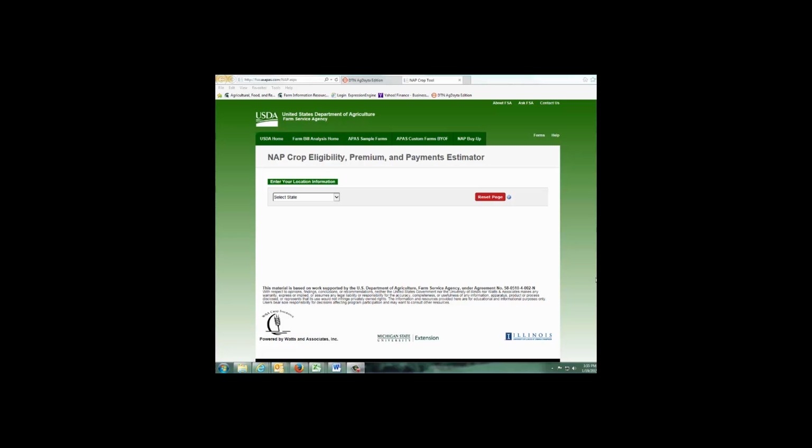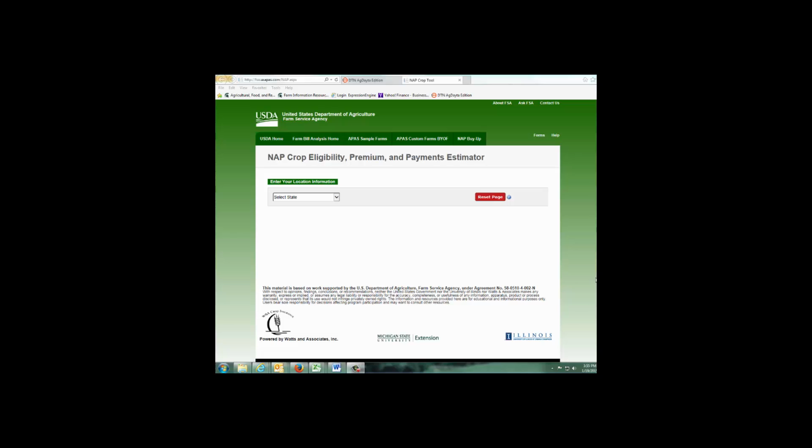No crop insurance facilitated by RMA. That's the one that's pretty clear. Then there's a couple others. Risk management crop insurance is available, but that does not have basic, what has been called in the past, CAT coverage.